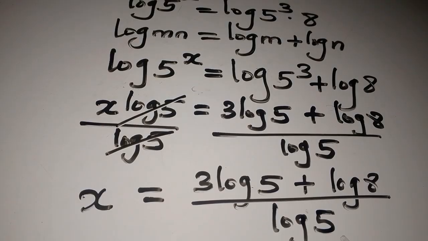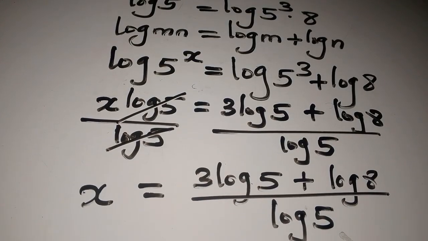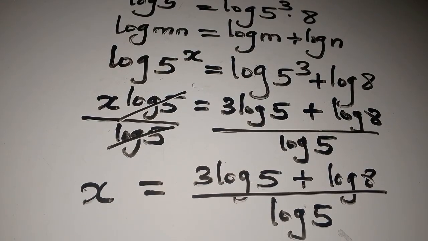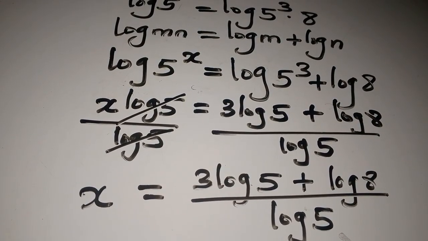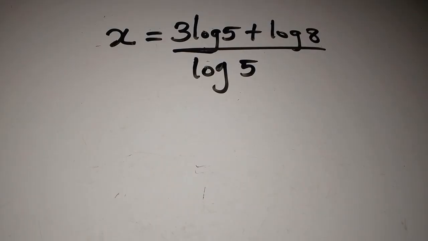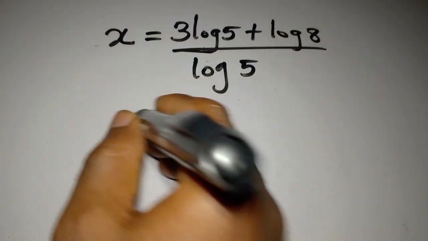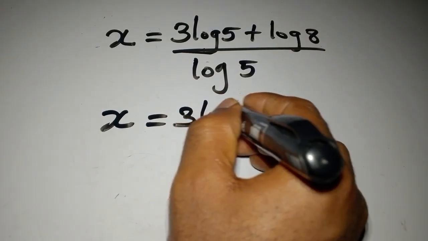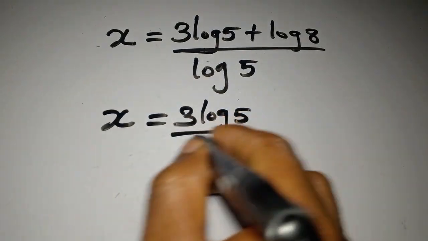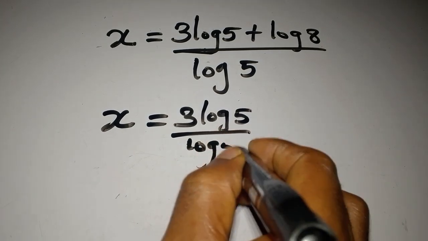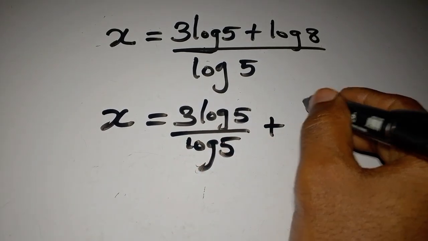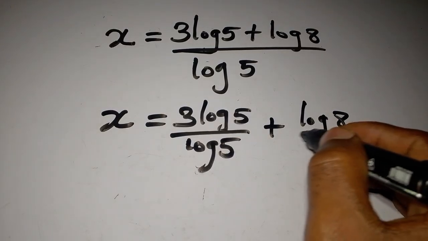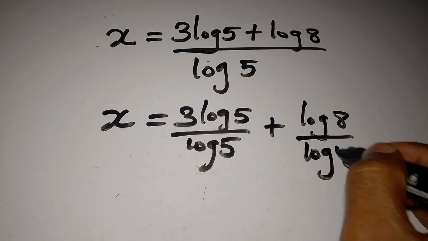Right, so this is what we have. But then looking at what we have right now on the right hand side, we can still simplify it. Just watch me do it. From here now, our x is going to be 3 log 5 divided by log 5, then plus log 8 divided by log 5.